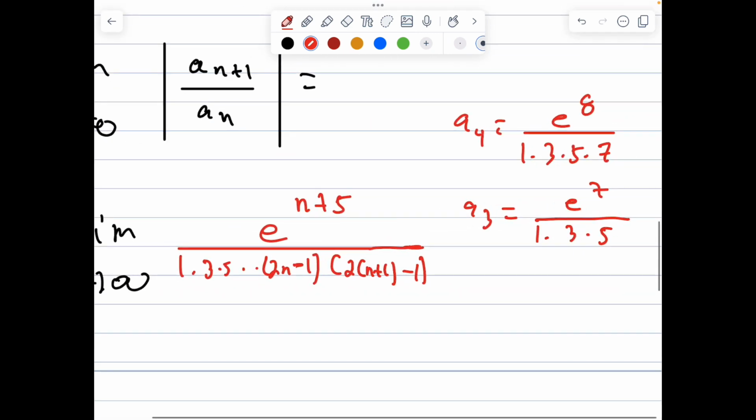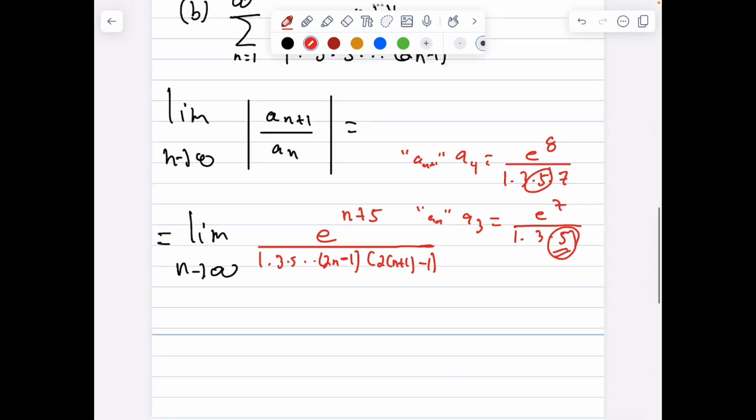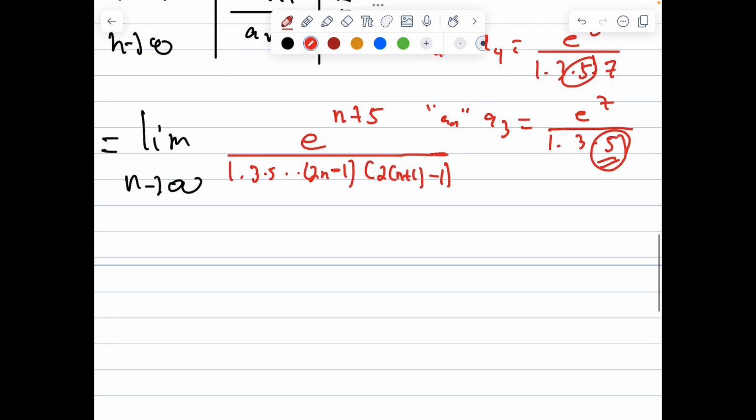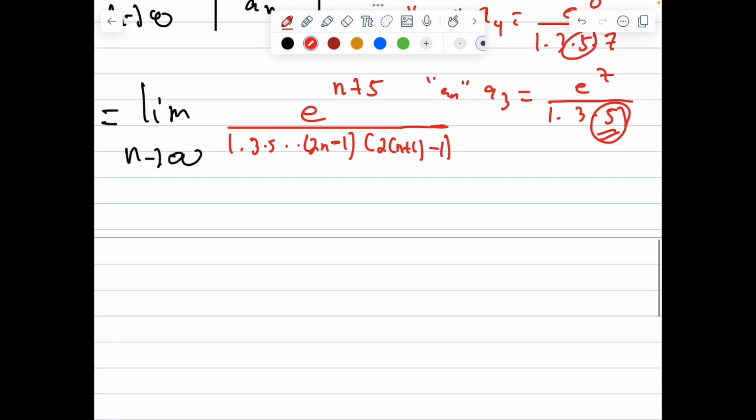Notice that a_4 is like saying a_(n+1), think of it this way, when n equals 3, and a_3 is like a_n. That last value is in here. Often a lot of people forget about that and they get this problem wrong because they don't include it. This is specifically when you're taking a product of odd numbers like we have here.